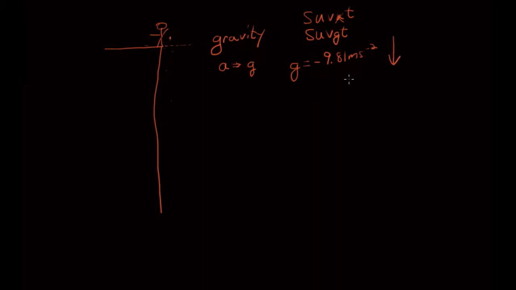We are being pulled down to the earth with the force of gravity, so it has to be negative. Sometimes we just work with the magnitude of the gravitational acceleration, in which case we don't worry about the sign. But for the most part, we are going to worry about the sign. It is going to be important for these equations.